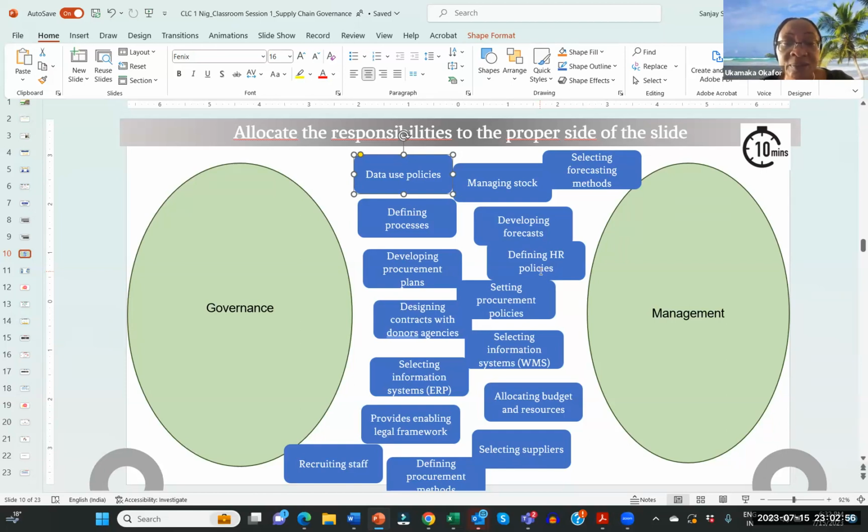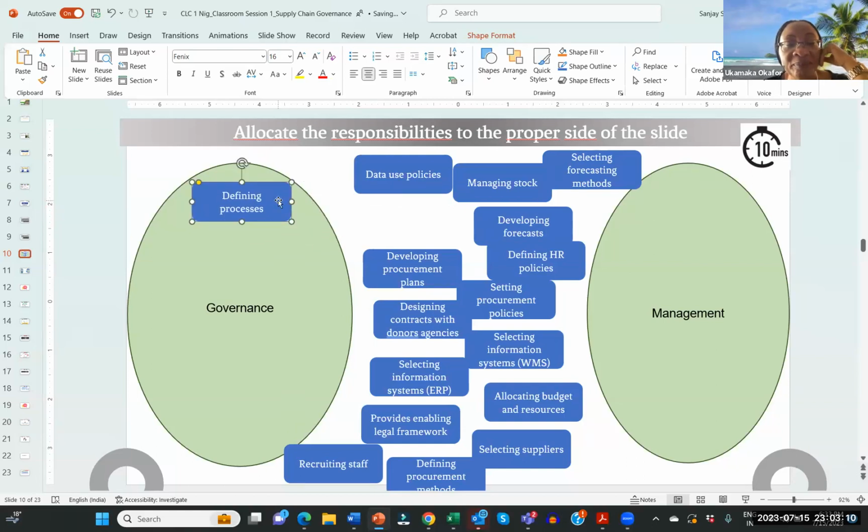Dr. Samuel, then let's start with you. Pick one and put it in the right basket. Okay, let's pick the define process. Governance. Okay. Next, Mr. Ibisam. Good evening, all. Managing stock, management.